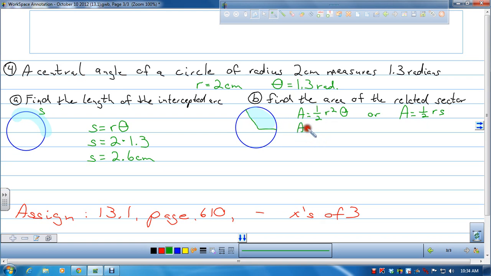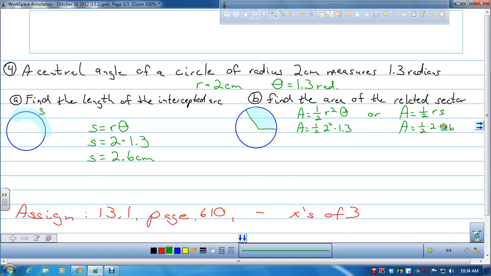It just depends on what you've been given. So with this, area would equal 1/2. I've been given r, so that would be 2. Don't forget to square that. So it would be 4 times the 1.3 radians. Over here, we would have area is equal to 1/2 times r, which would just be 2 times s, which I computed over here actually, is 2.6.